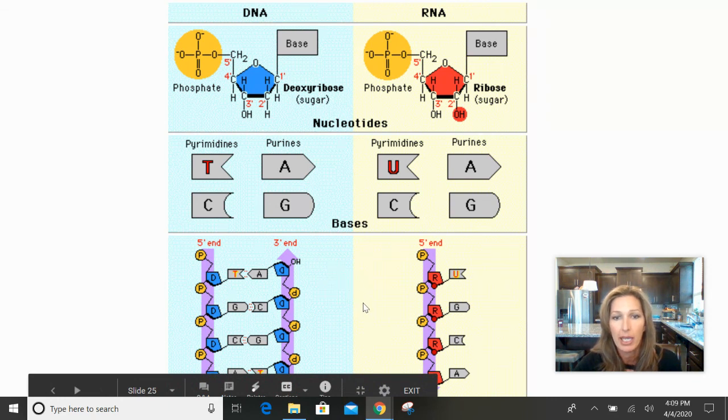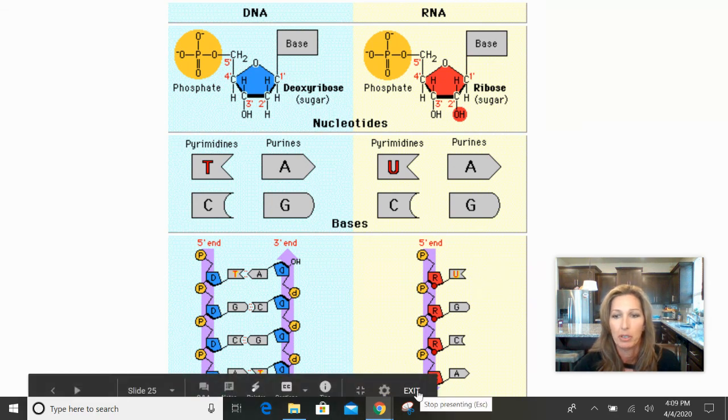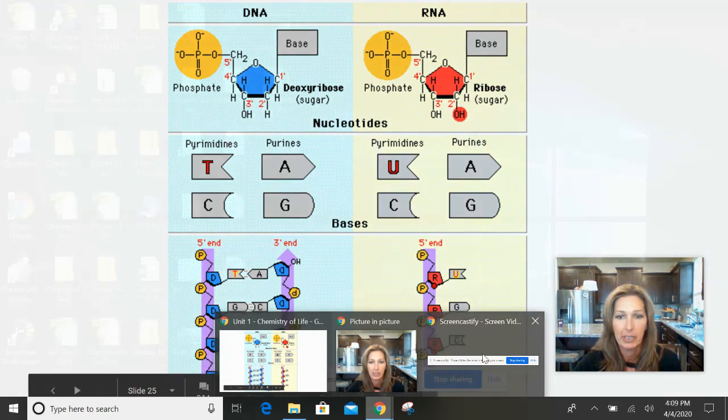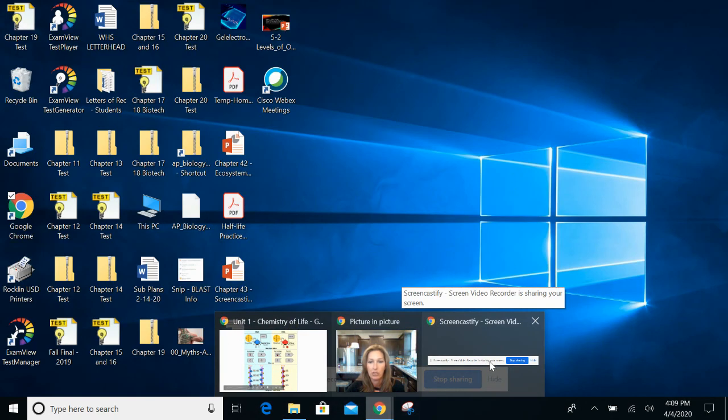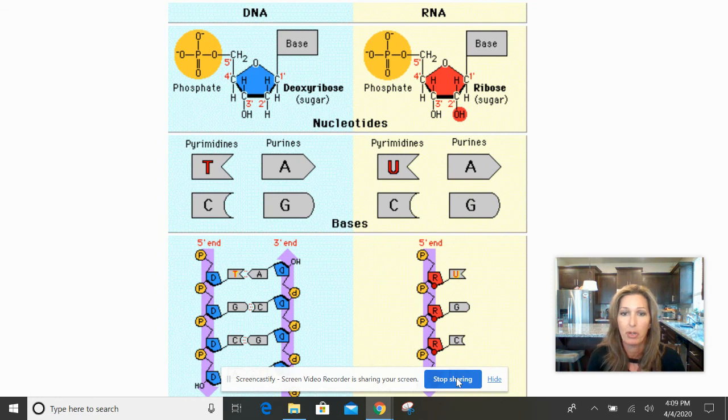So in unit 1, let's just remember what we need to be reviewing. This truly is an opportunity for you guys to just review and go back through those particular chapters, chapters 1, 2, and 3, and pay attention to macromolecules.